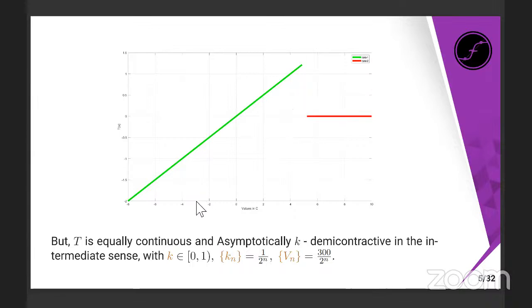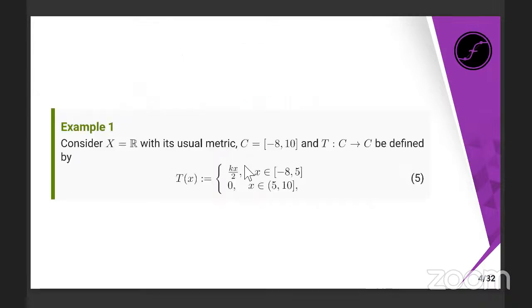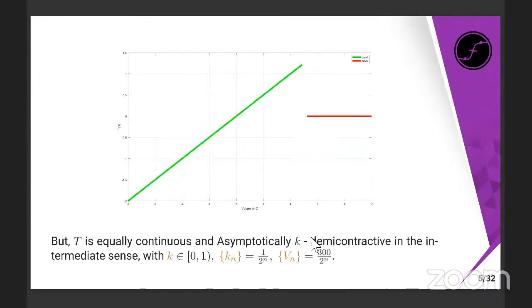We can also see that for any two sequences we choose from this domain, as n tends to infinity, if their corresponding terms are moving very close to each other, then their respective images also move close to each other. So we can say that this nonlinear map is equicontinuous and an asymptotically k-demi-contractive mapping, with k in this interval and two null sequences defined as this.